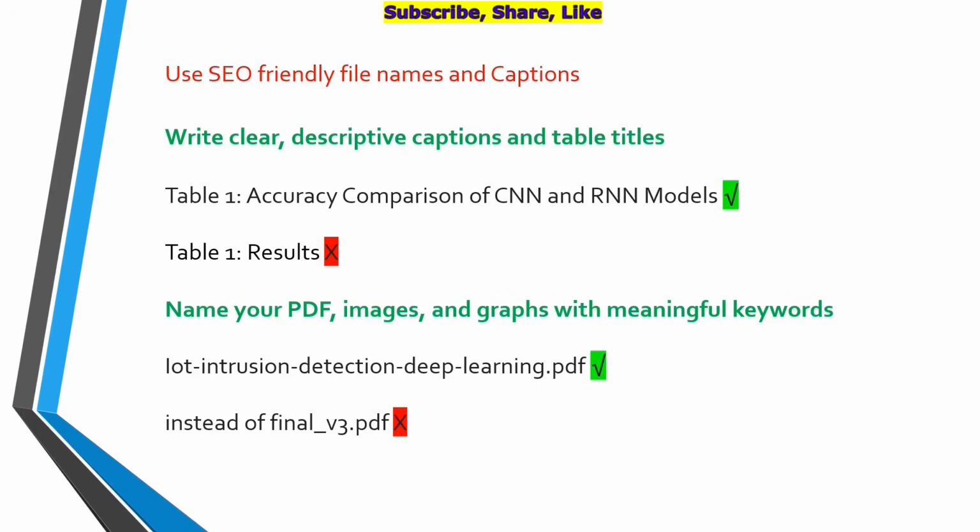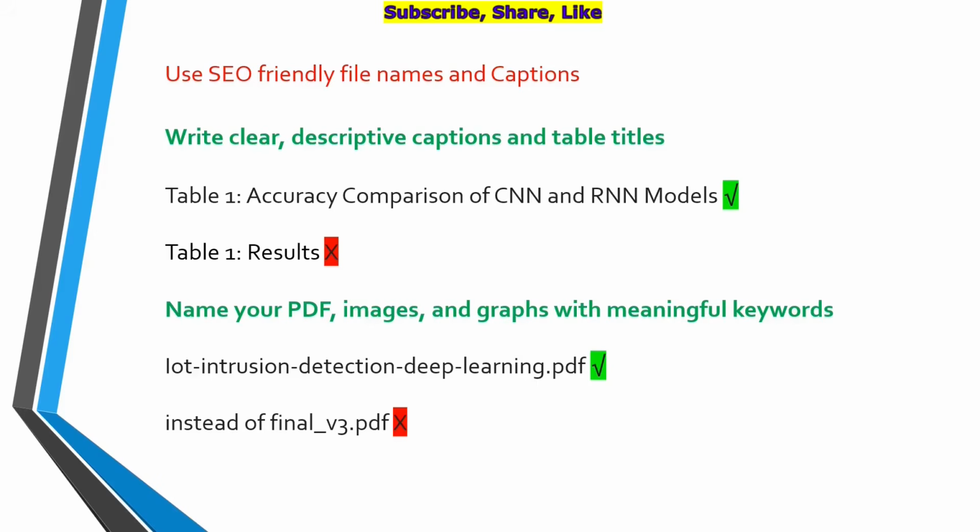Use SEO-friendly file names and captions. For tables and images, always write meaningful captions like "accuracy comparison of CNN and RNN models" instead of just writing "results." Captions not only help readers understand but also improve how your content is indexed.